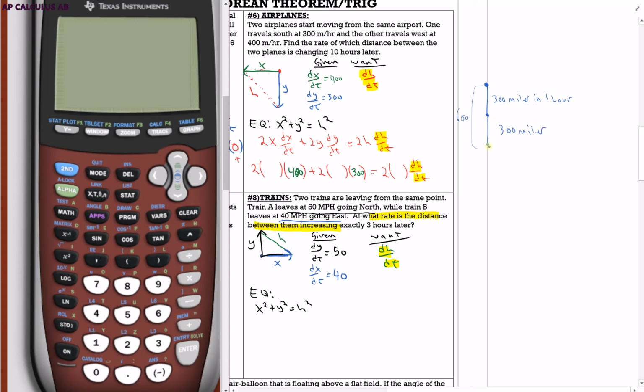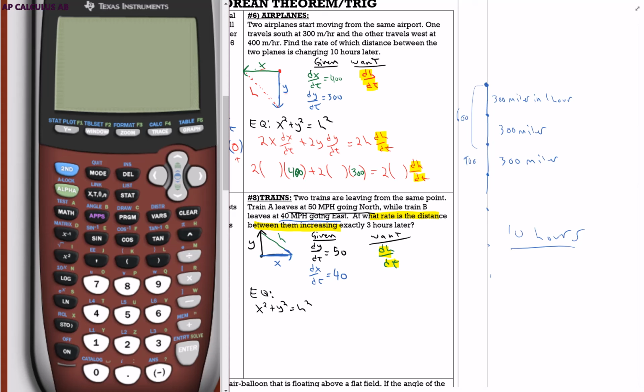After 3 hours, another 300 miles, for a total of 900 miles. But this continues until 10 hours, so how many miles would they have gone in 10 hours? Well, it's just multiplying 10 times the rate.